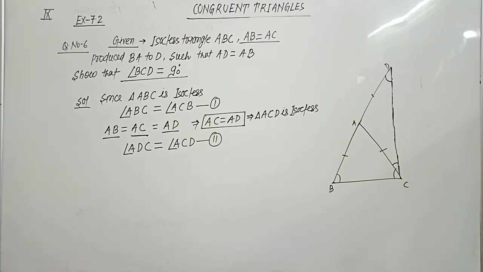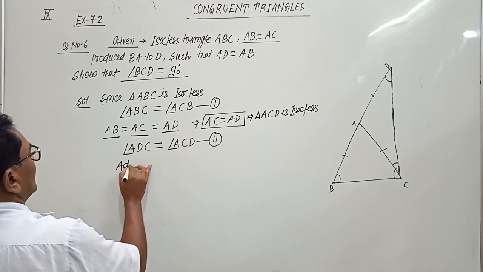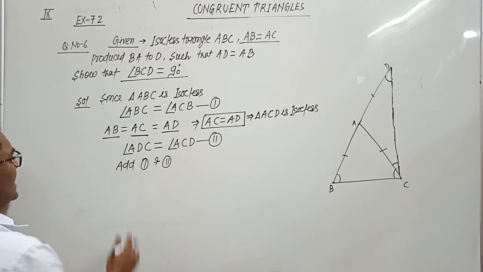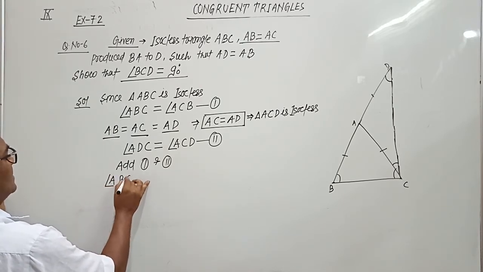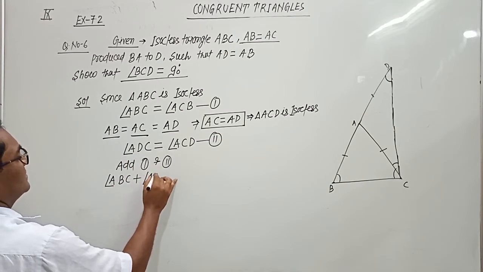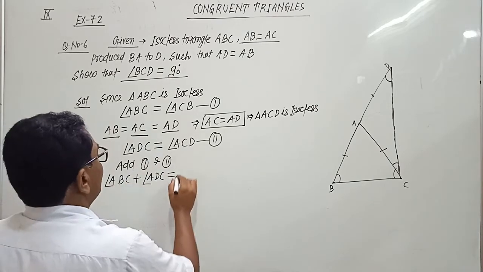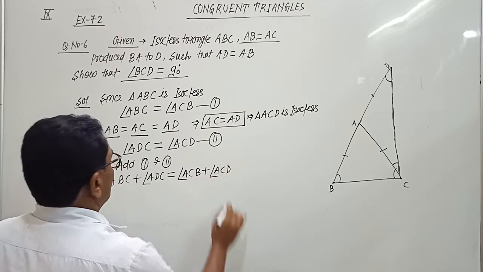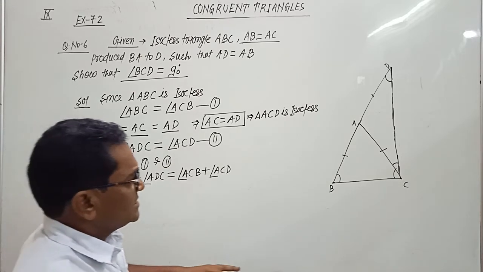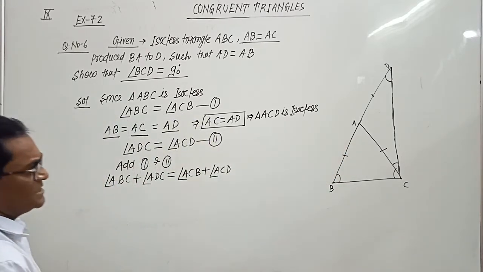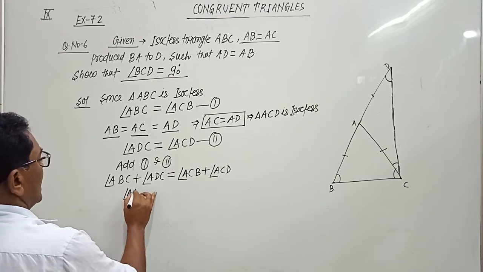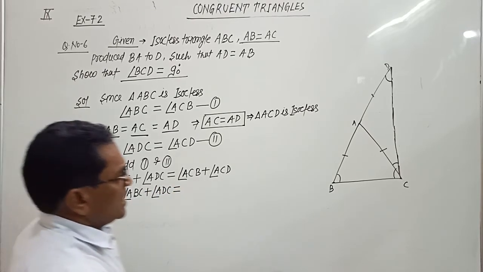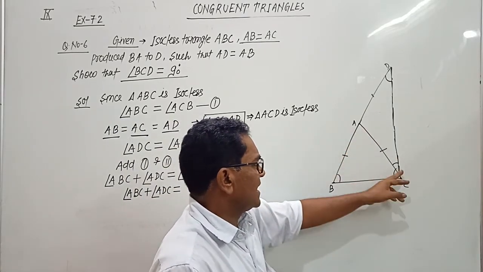Now add equations first and second. So LHS of first and second, angle ABC plus angle ADC is equal to angle ACB plus angle ACD.